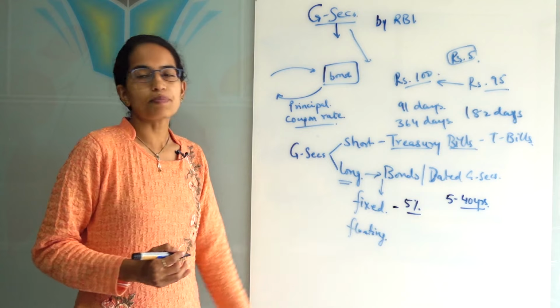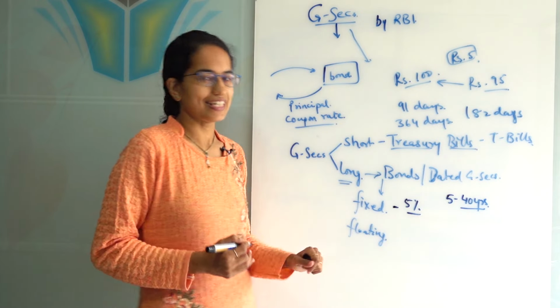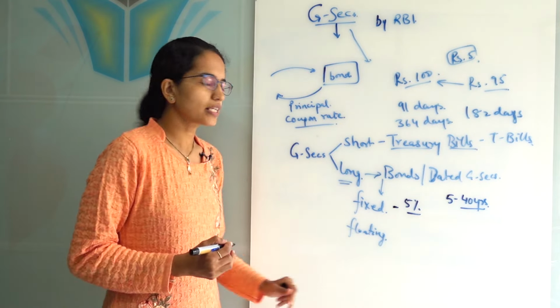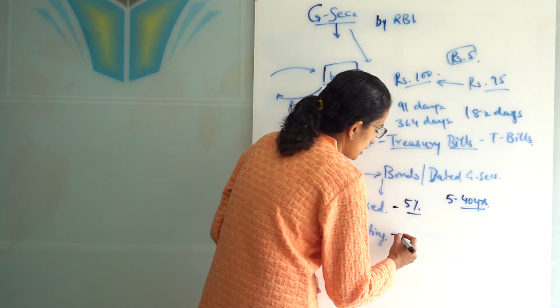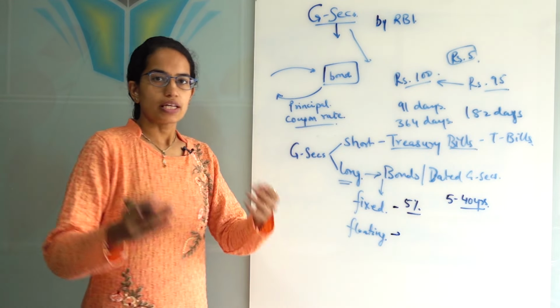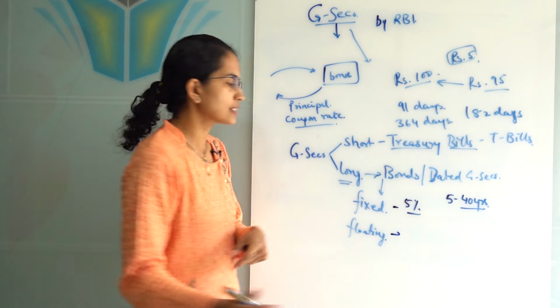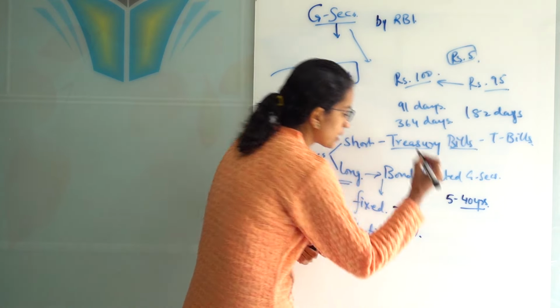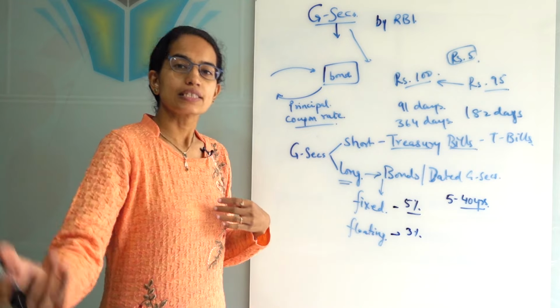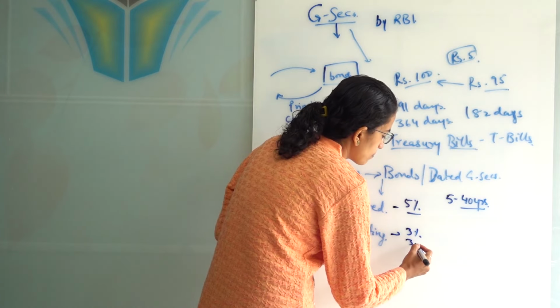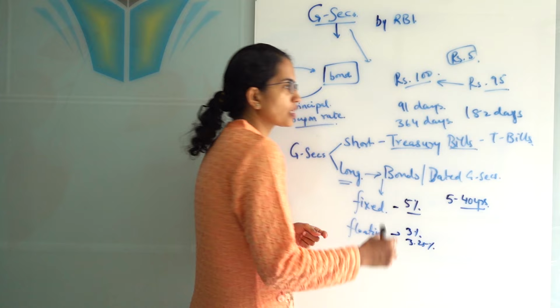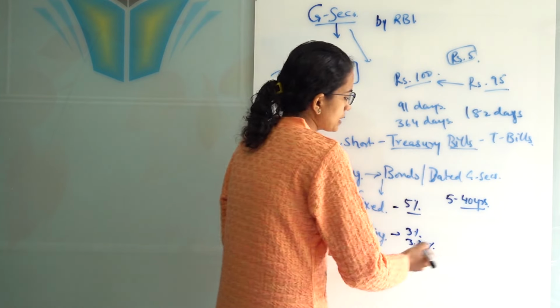There can be another proposition where floating interest rates are given. What are those floating interest rates? Floating interest rate means that the government would give you a prior notice that for the coming 6 months, let's say 3% would be the interest rate. For the next 6 months, it would be 3.25%, or for the next year, it is 4% or whatsoever.